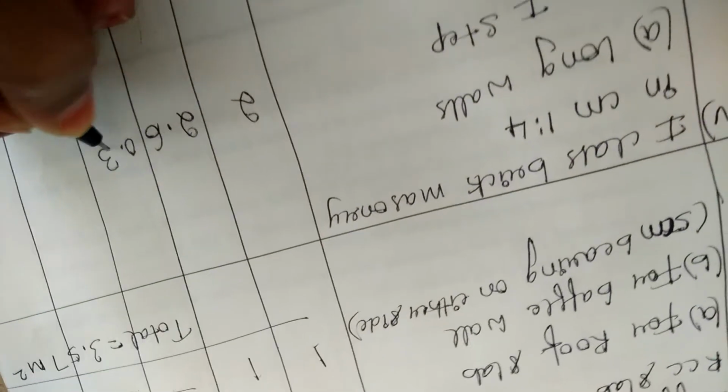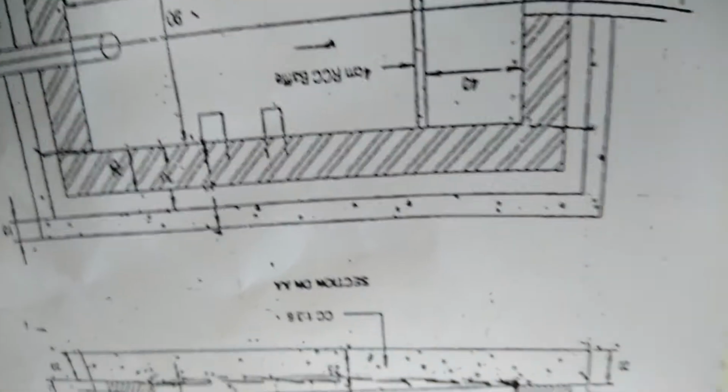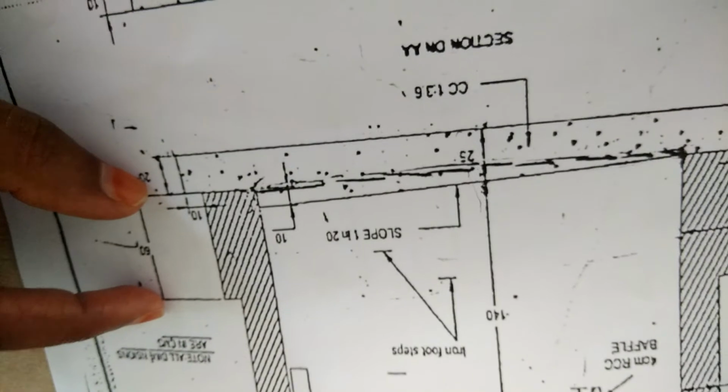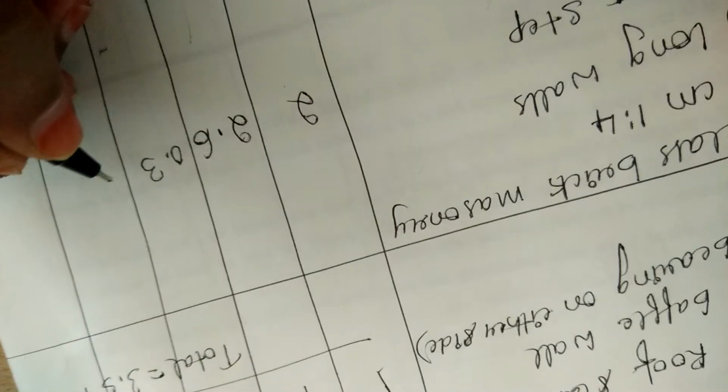Hence the width of the first step is 0.3. Then you find the depth. To find the depth, you take the height of the wall, which is 60 centimeter. On dividing 60 by 100, you get 0.6. So the height of the first step is 0.6.